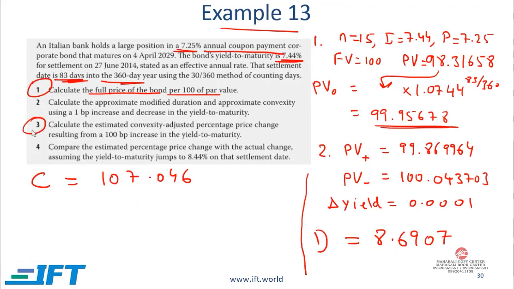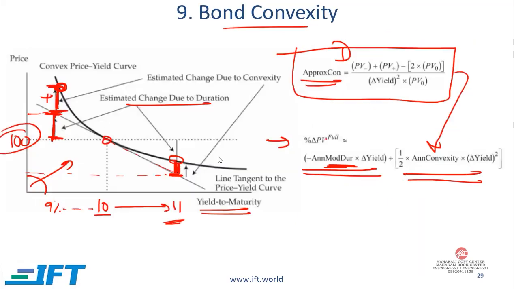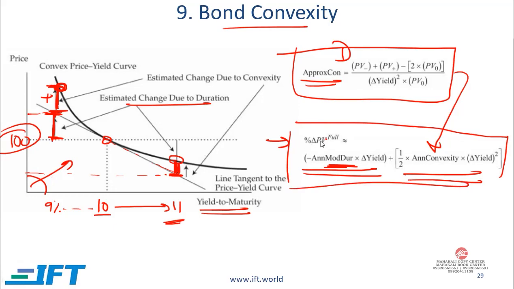Then part 3 asks us to calculate the estimated convexity adjusted percentage price change resulting from a 100 basis point increase in the yield to maturity. Now we need to use this formula. So the percentage price change is given by the duration component and then the convexity adjustment. We have calculated the modified duration.